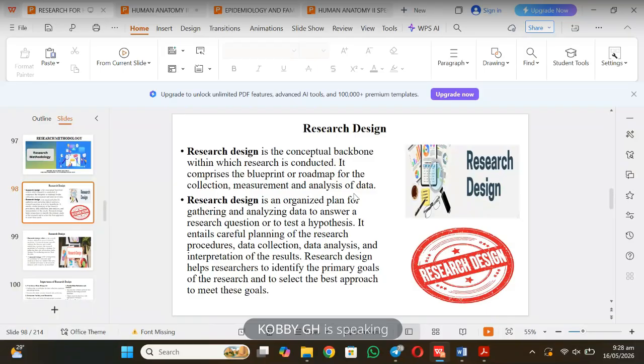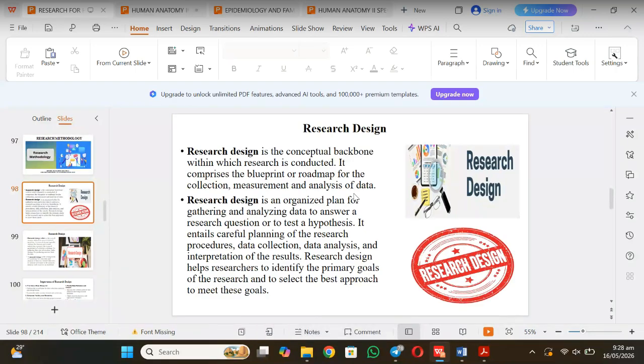So I can say, I want to do a retrospective study to know the number of admissions that were done in my hospital between 2022 and 2025. You see, that information is in the past. So if someone decides to do a study like that, they are doing what we call retrospective. The design is a retrospective study design.